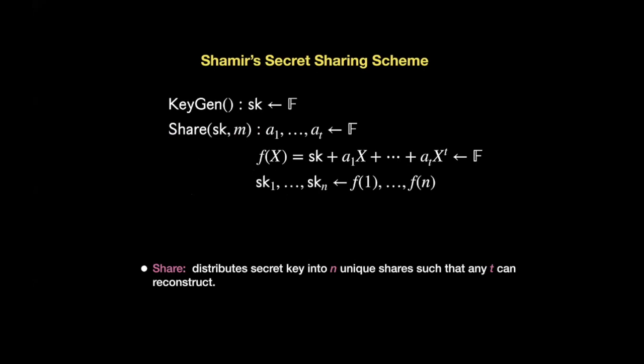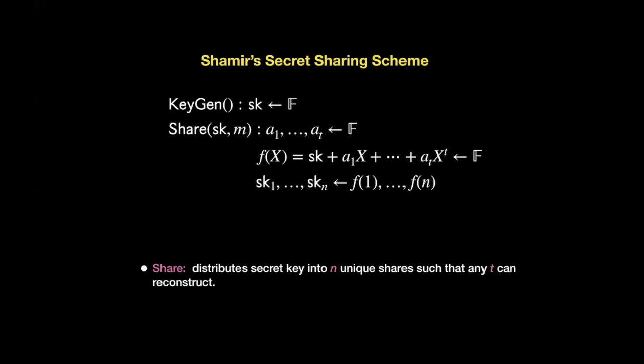So basically, how Shamir's secret sharing scheme works: we have a secret we want to share. For this context, I'm referring to the secret as a secret key, because if we're talking threshold signatures, the secret is a secret key. In other contexts, it might just be referred to as a secret. We want to distribute the shares of this secret over n different players, and we want t of them to be able to reconstruct.